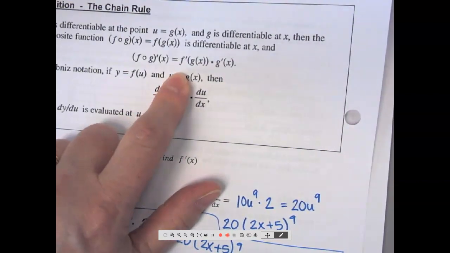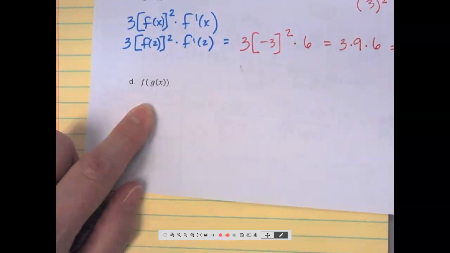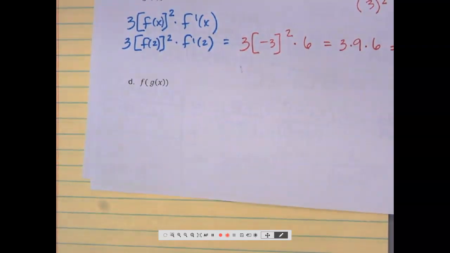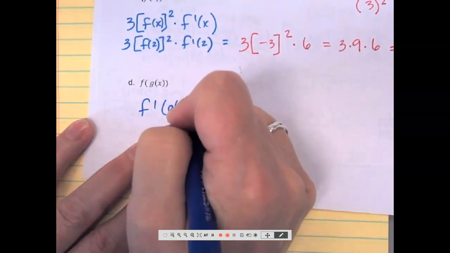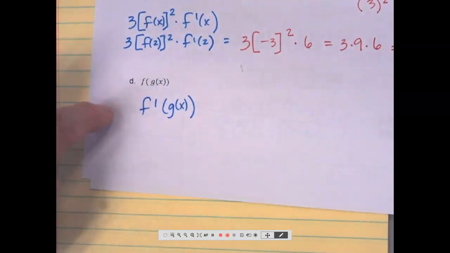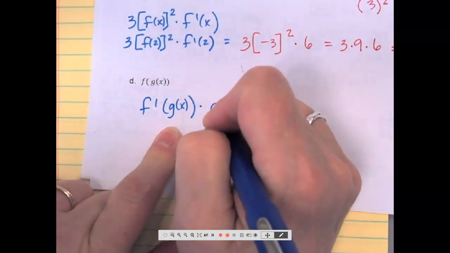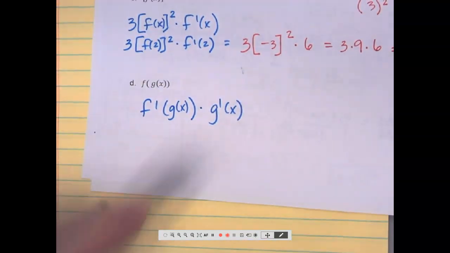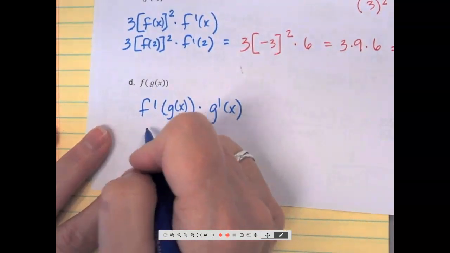Okay, so let's apply that to this. What's the outer function? F. We have to take the derivative of f with respect to that inner function. Derivative of the outside with respect to the inside, now derivative of the inside. So if you were wondering why that f prime of 3 was in the list, you're about to find out.